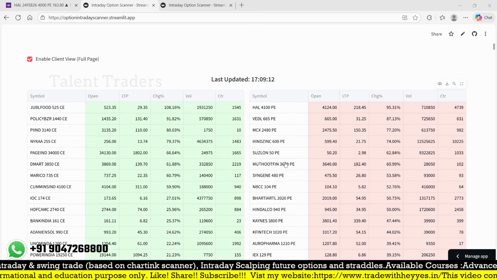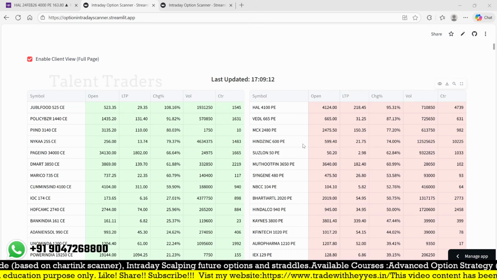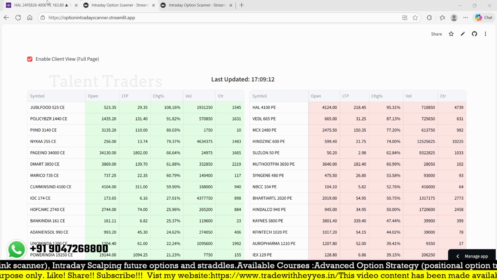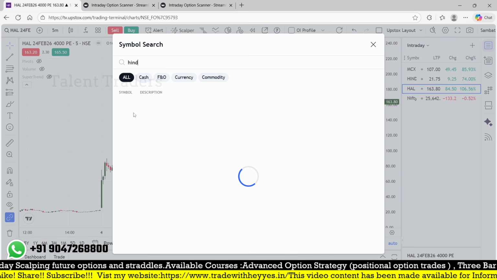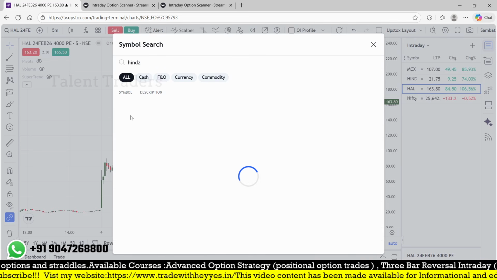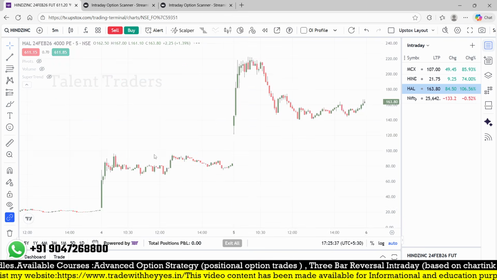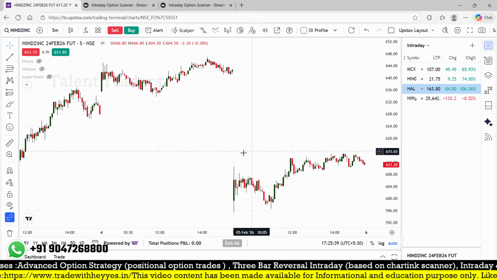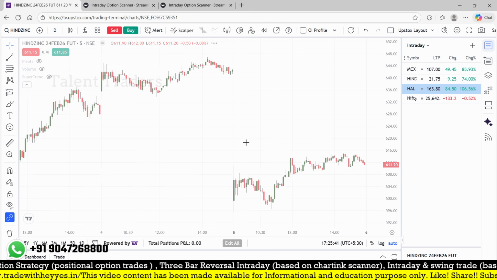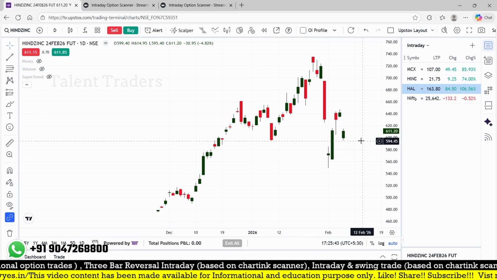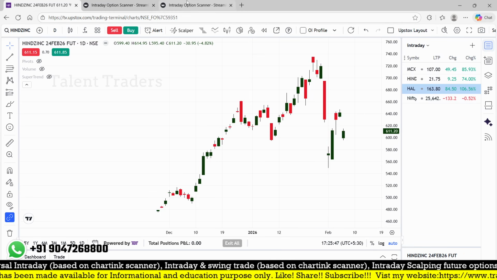And one more stock I was just looking at, I think InZing, the 600 put. So you need to confirm what is happening in InZing here, whether it is right or wrong. So February, and what should be the open price of this today, or you can just go with the daily and you will easily understand what the opening price should be, 599.4.